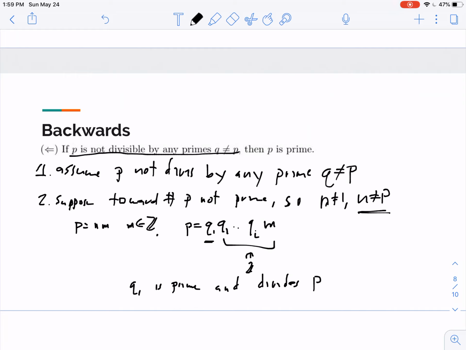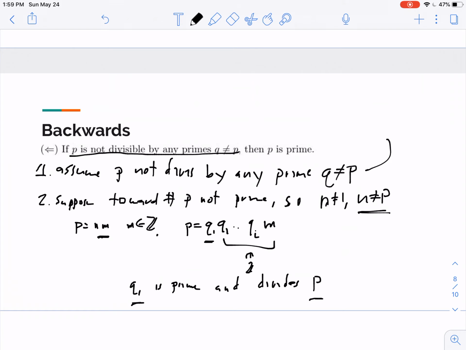In particular, n must be smaller than P, since you multiply by some other integer to get P. And then by the fundamental theorem of arithmetic, we broke it up into a bunch of primes, which are all smaller than that. So Q1 is smaller than P, so it can't be P. So we found some other prime that's not equal to P that divides it.